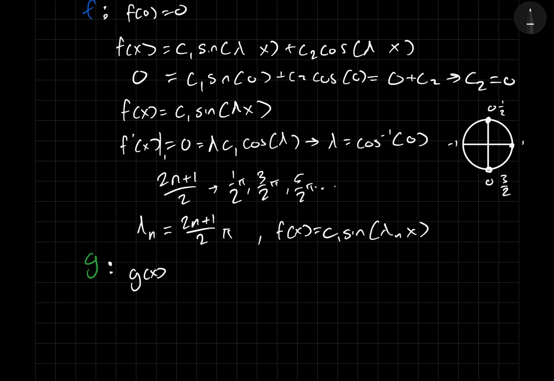So G is going to be equal to C3 cosh of lambda n y plus C4 sinh of lambda n y.